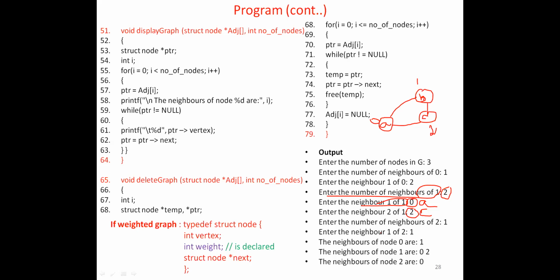Then you need to enter the neighbor of 2. If it is a directed graph, you can draw it like that and take this as a directed graph. So like that, you have to check it out.